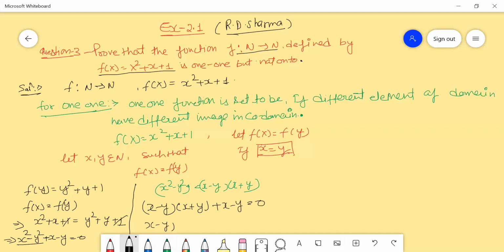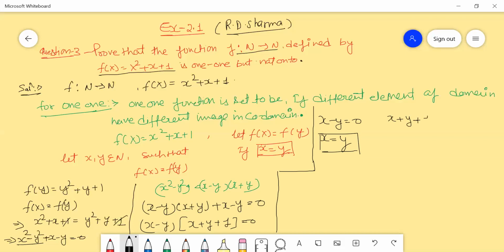Taking x minus y common, we get x minus y times x plus y plus 1 equal to 0. When x minus y is equal to 0, we get x equals y. When x plus y plus 1 is equal to 0, we get x plus y is equal to -1.